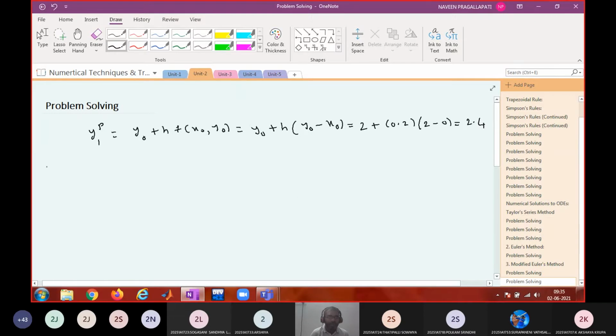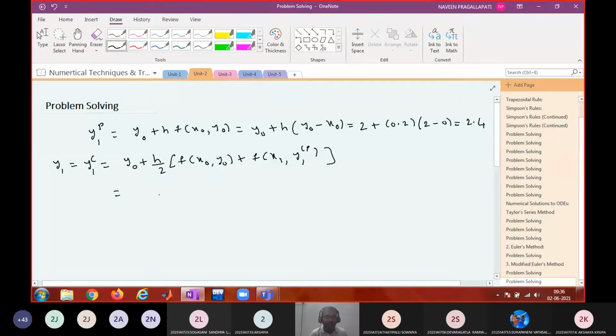So find out y1 corrector. y1 corrector is equal to y0 plus h by 2 into f of x0, y0, plus f of x1, y1 predictor.